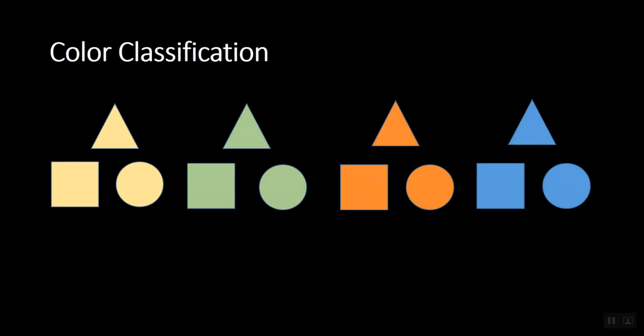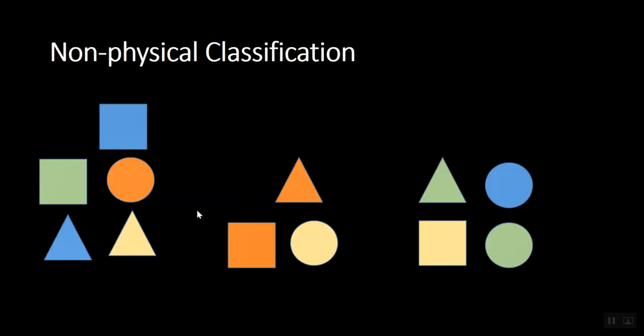Another way we could classify is by color. So here we have yellow, green, orange, and blue. Another very obvious way of classification. However, in many circumstances, when we're segmenting or classifying, we don't want to do so with obvious variables such as gender, age, race.